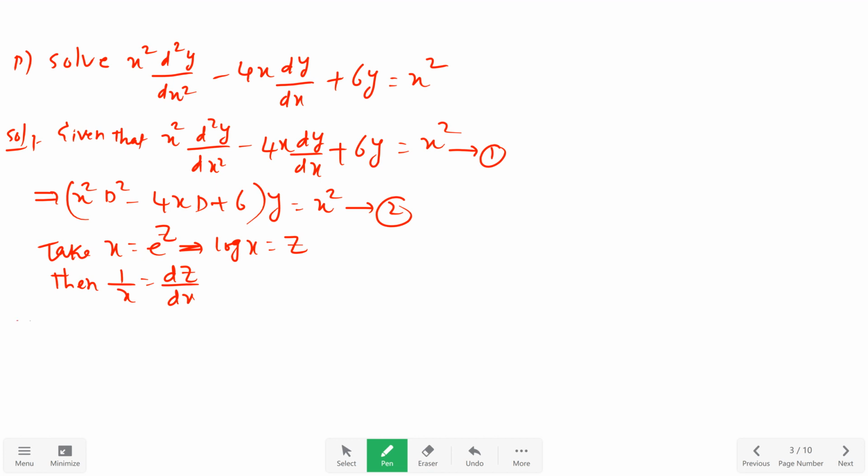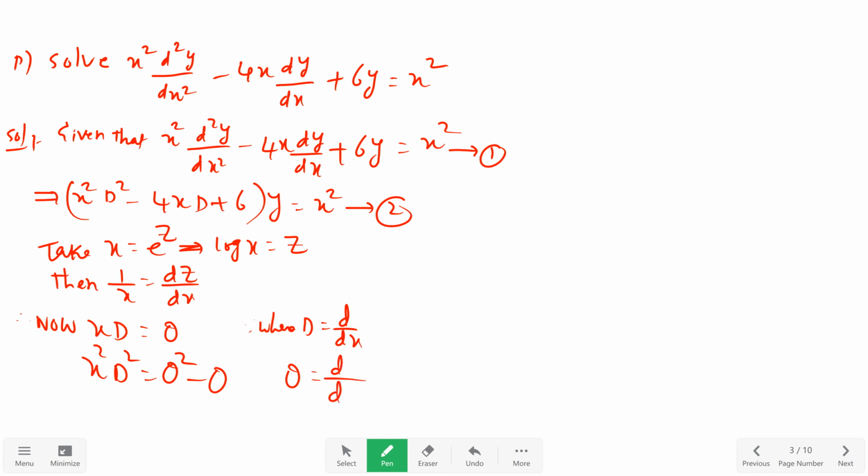So therefore we take x D is equal to theta, and next x square D square is equal to theta square minus theta. Here D is the differentiation with respect to the independent variable x. Similarly, theta represents the differentiation with respect to the other independent variable z.